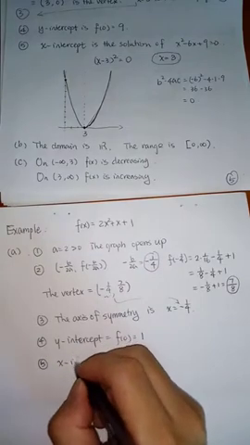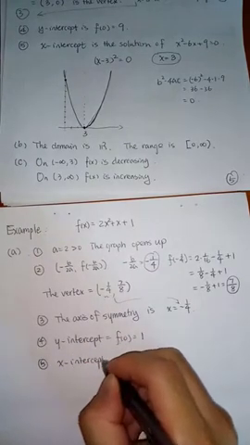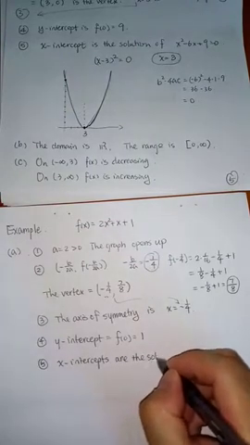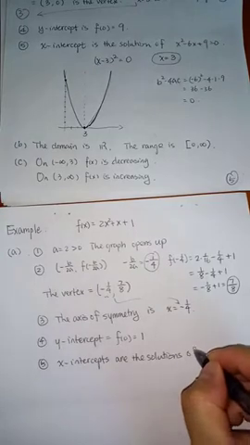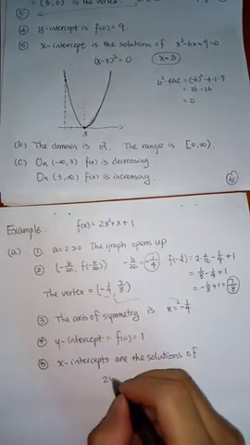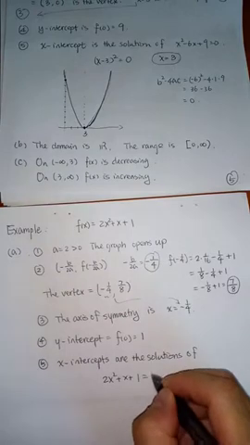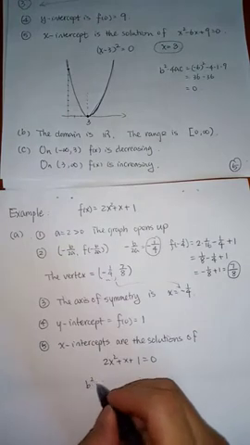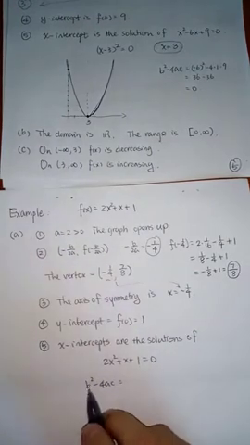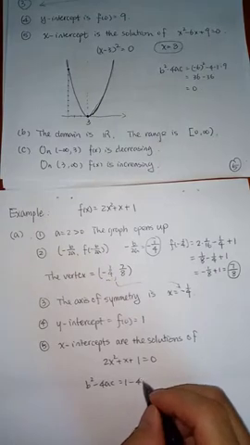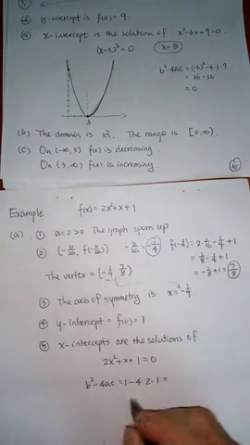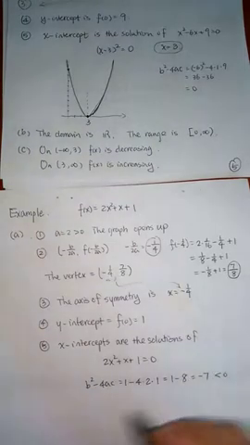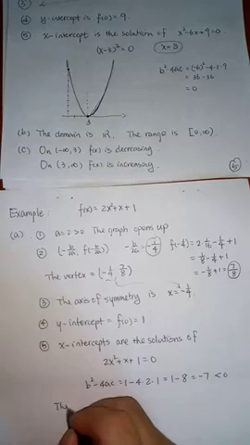The x-intercepts are the solutions of the function equal to 0. Remember, we have the discriminant b squared minus 4ac. b is 1, a is 2, c is 1. 1 squared is 1, so it's 1 minus 8, negative 7, less than 0.